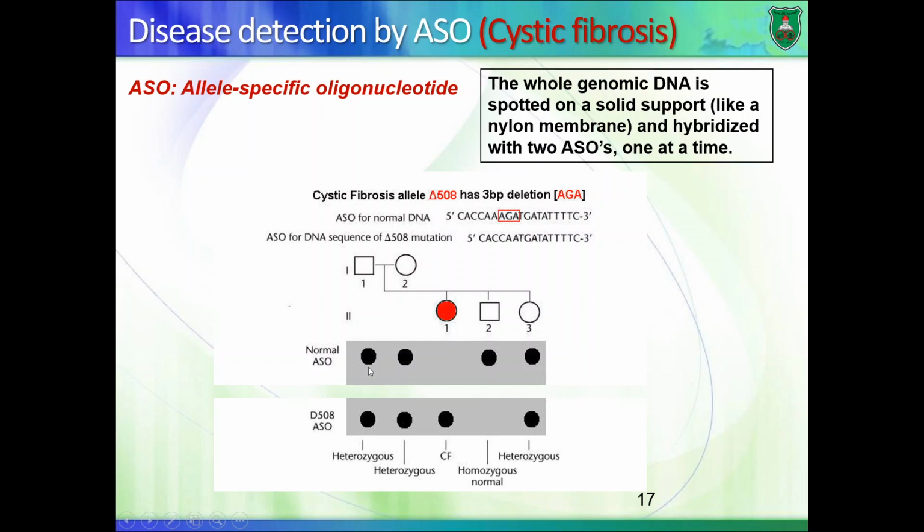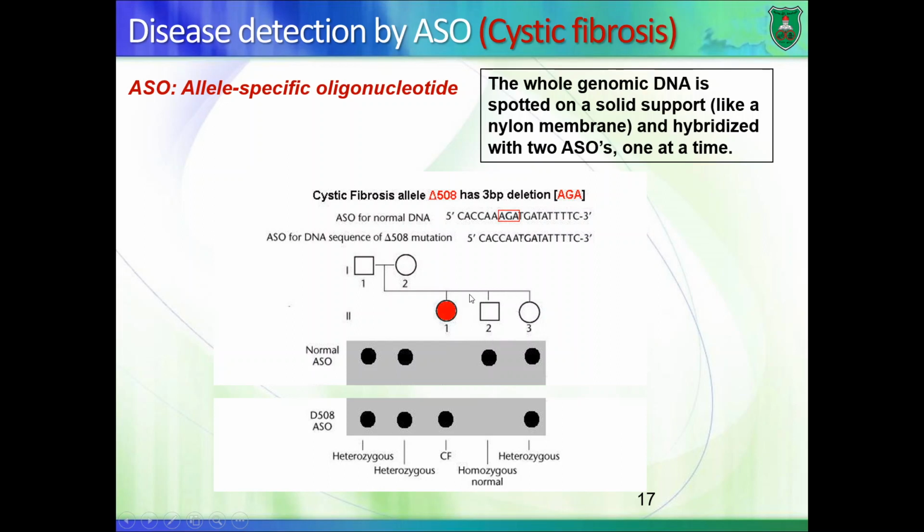This means that the father, the mother, and child number 3, all of them have both the normal allele as well as the defective allele, the allele that has a deletion. And we call them heterozygous since they have 2 different alleles. So hetero means different. So the 3 of them are heterozygous.